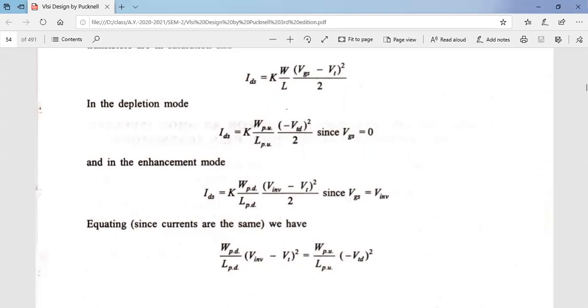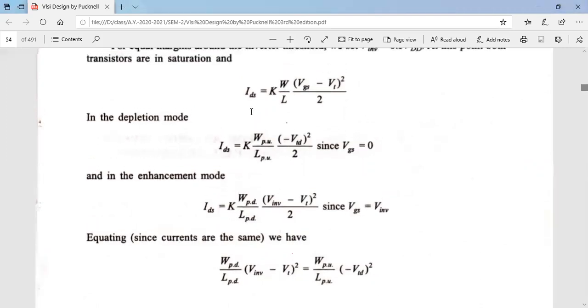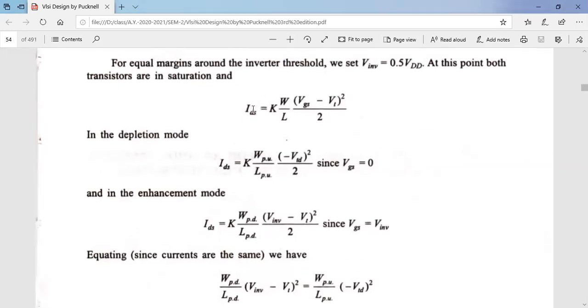So VGS minus VT you can observe. This is the IDS equation, and I am applying this IDS relation for the depletion mode transistor and the enhancement mode transistor. The depletion mode transistor is the upper transistor, which we also call the pull-up transistor. So the widths and lengths are indicated for the IDS in pull-up and pull-down form.